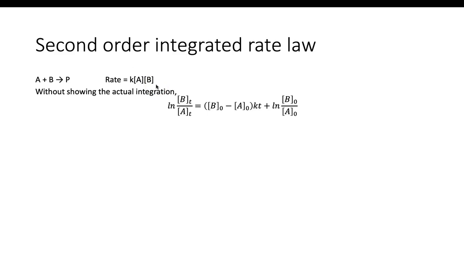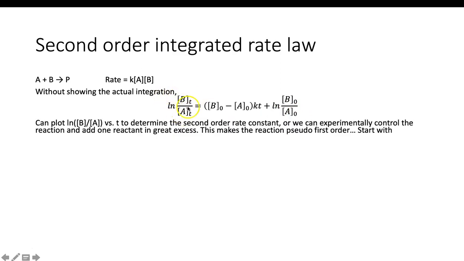You have to assume some initial concentrations, but it is a natural log of the ratios versus t. So if we were to plot our natural log of our ratio versus t, we could figure out our second order rate constant.